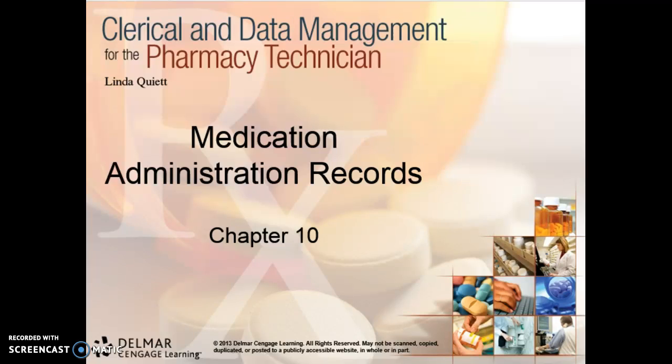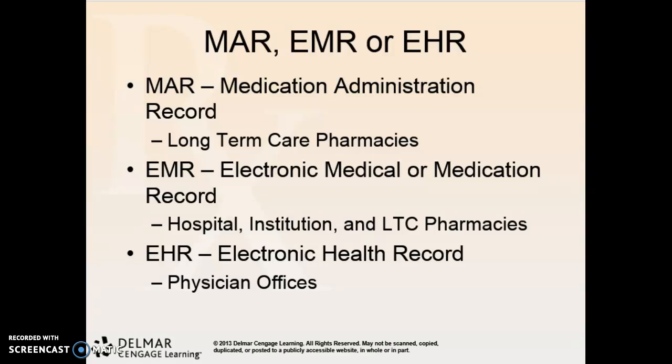Now, the topics that are covered in this chapter are everything that you ever wanted to know about MAR, EMR, and EHR. These are just the abbreviations about the different types of health records that are out there and available. So MAR is medication administration record.